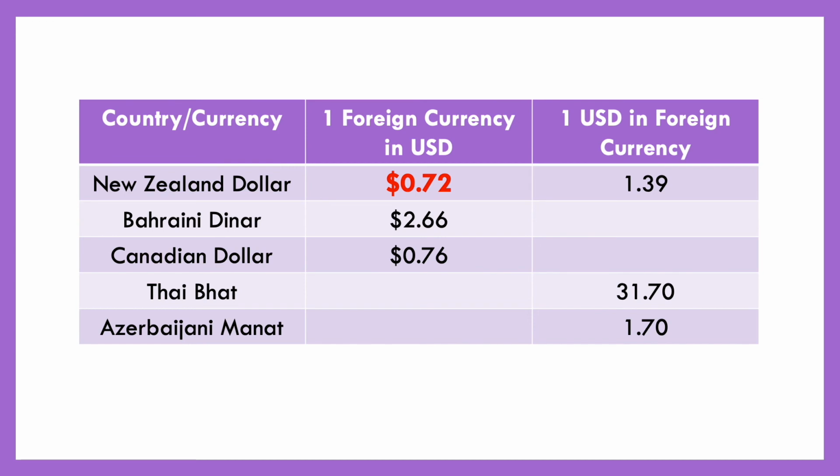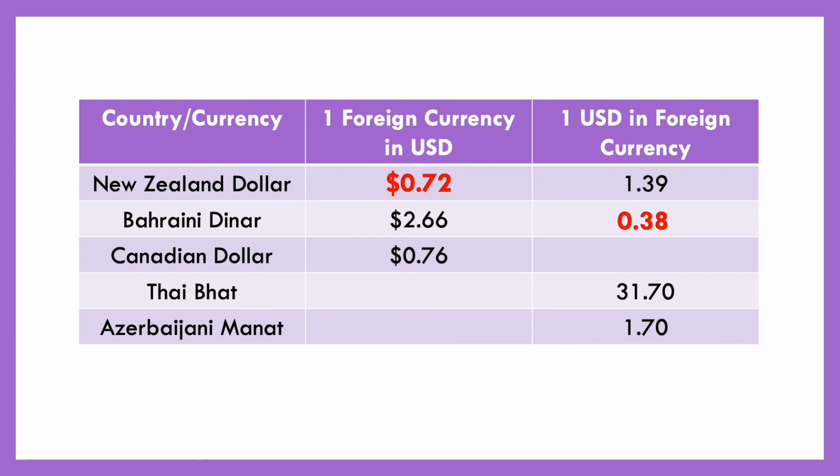Now, how about the Bahraini dinar? If we look at this and we say, okay, 1 dinar costs $2.66, how much is 1 US dollar going to cost you in terms of the dinar? And again, we just do 1 divided by 2.66, and we get 0.38. So in order to buy 1 US dollar, you need 0.38 dinar.